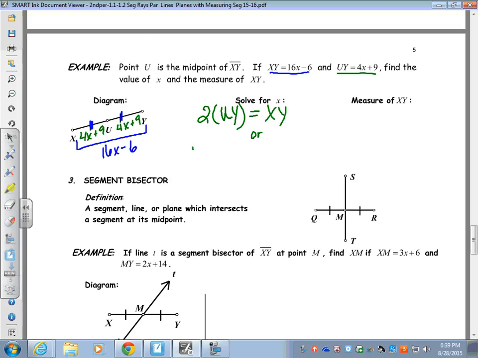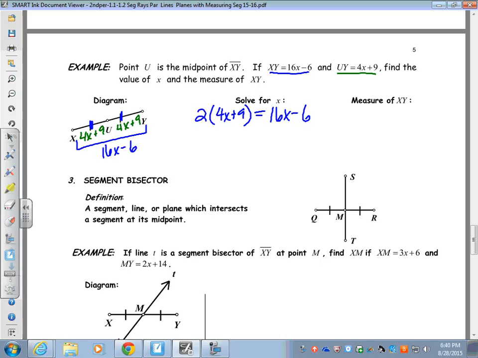So I could say XU plus UY equals XY. Now, I just realized we need an equation because we have to solve for x. So if I double the 4x plus 9, which is just adding it to itself, it's going to equal the 16x minus 6.